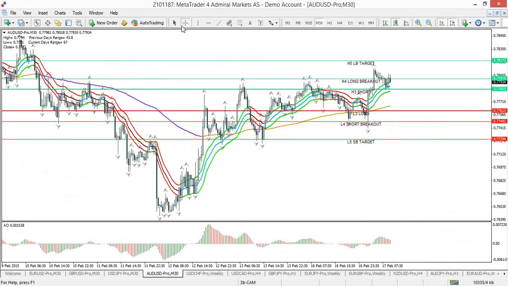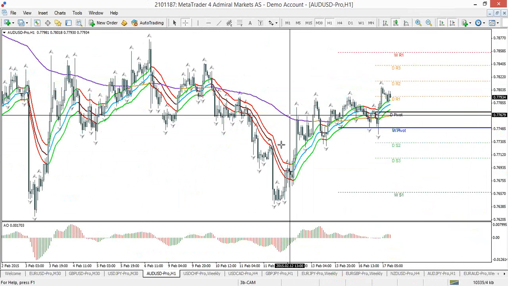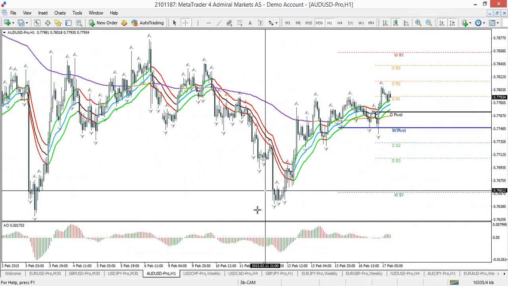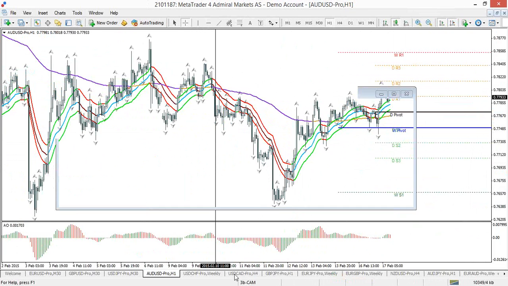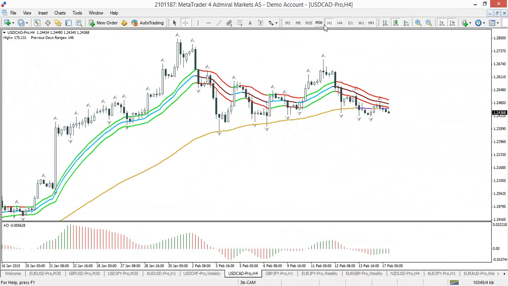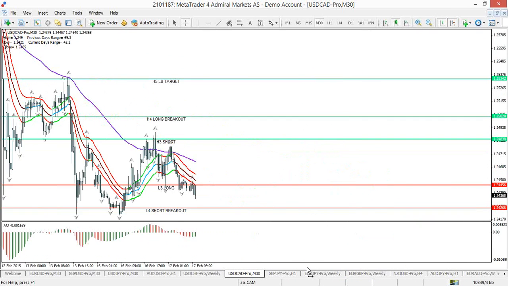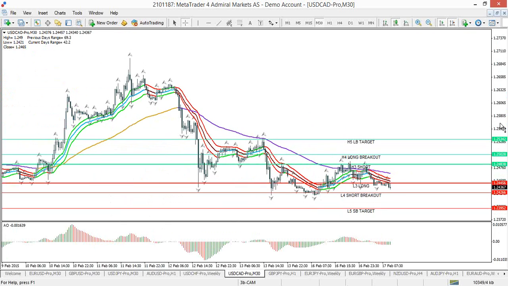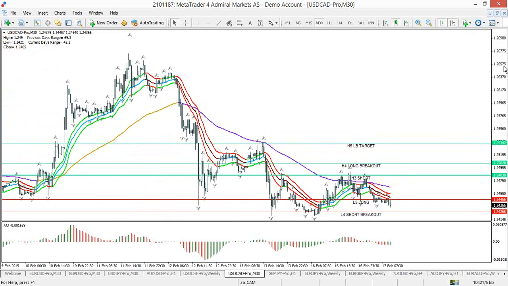So the Aussie dollar, pretty much stuck in a very corrective zone. That doesn't look too interesting either. Dollar CAD.